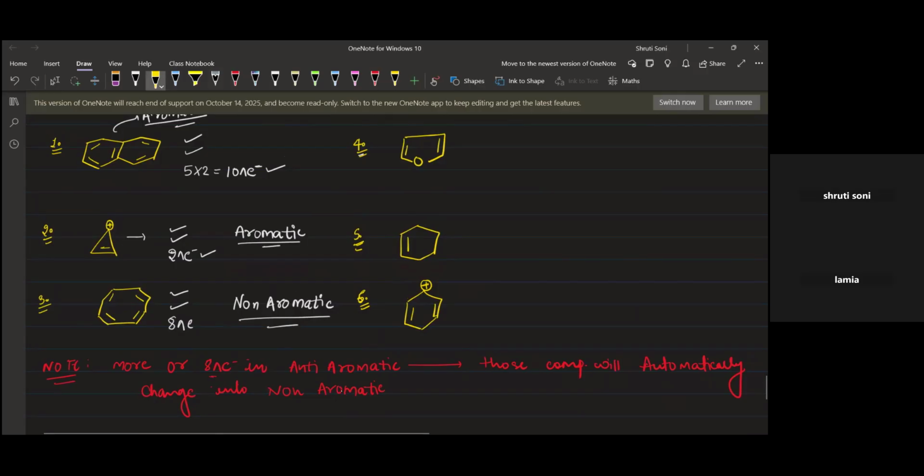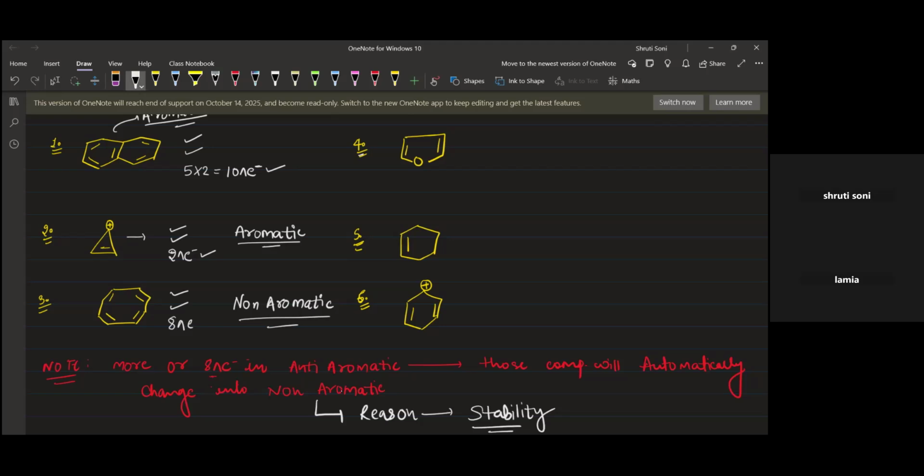And what is the reason behind this? The reason is stability. Aromatic or non-aromatic, which is more stable? Aromatic.